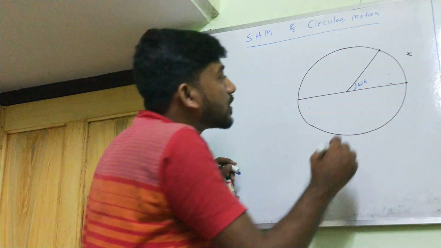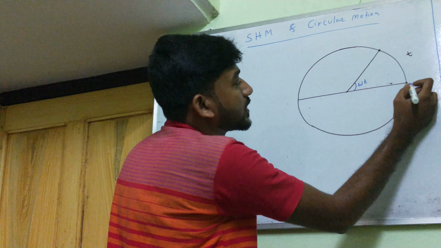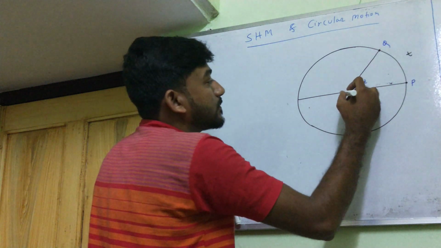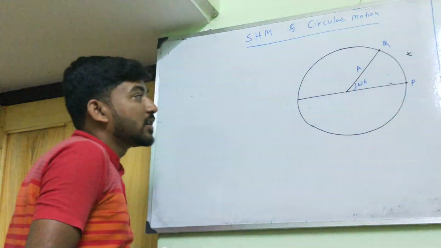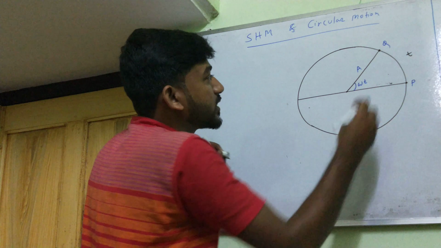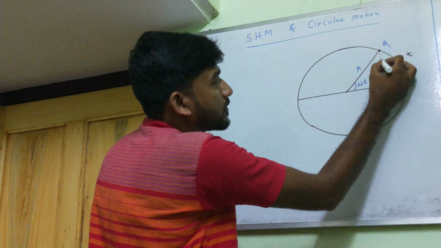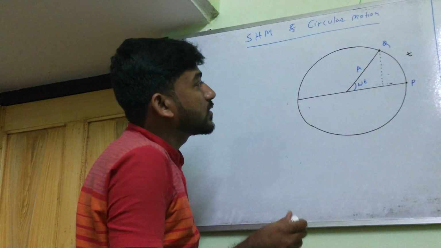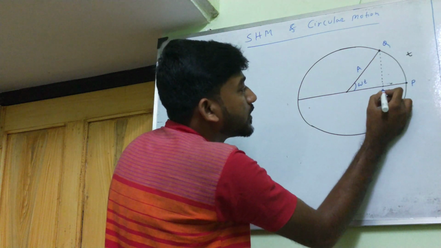Let us consider this point is p and this point is q, and the radius of the circle is a. Now the projection of this point onto the base will be like this. So this is the point of projection of the point q, that is q dash.